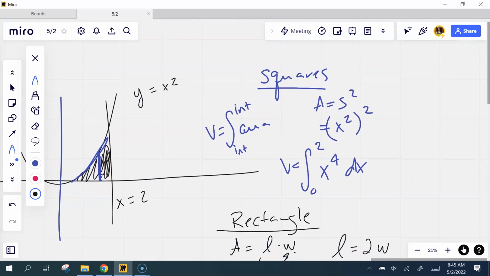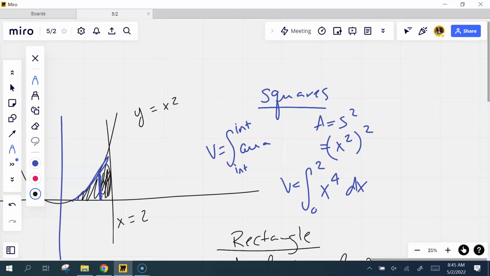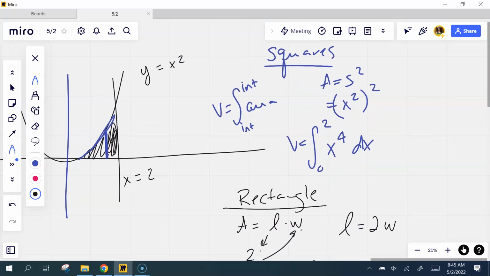This one, the square one. If you have a square whose side lies in region R and is perpendicular to the x-axis, that means this little purple line is the side length of the square, right? What is that distance? That's x squared. So all sides are the same, and one side is x squared. How do you find the area?